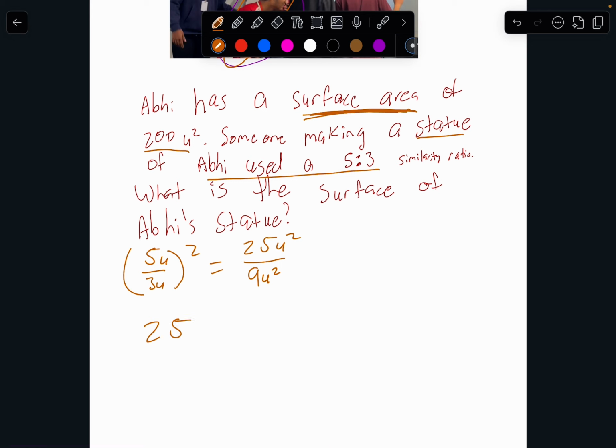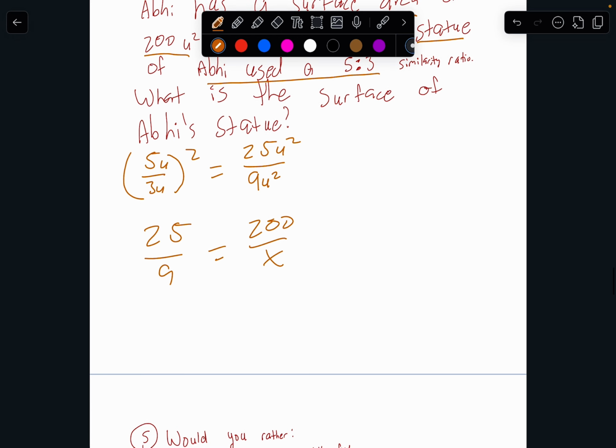So it's going to be 25 over 9. It says he's making a statue of Abby, used a 5:3 similarity ratio, equals 200 over something. That is our setup. If you use 5 over 3, it's going to be incorrect. 5 over 3 is the similarity ratio. We needed an area ratio.